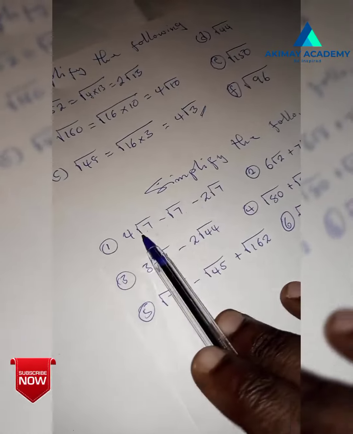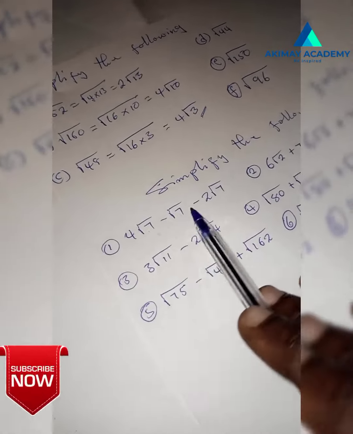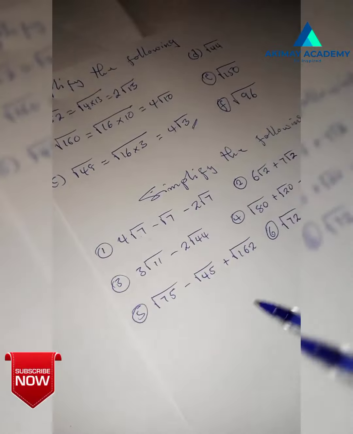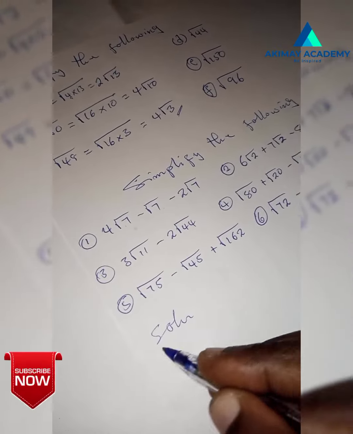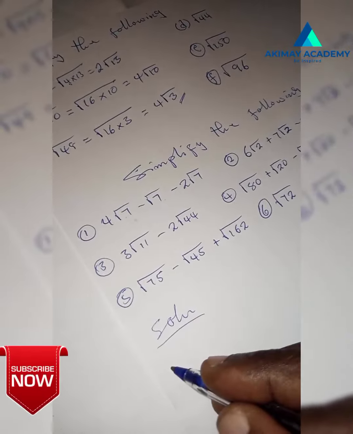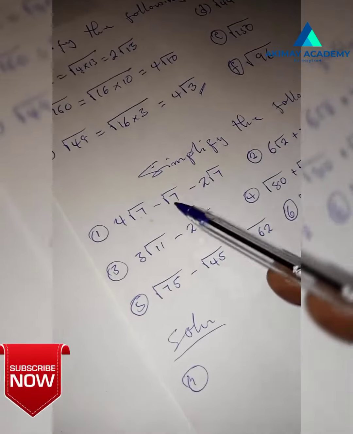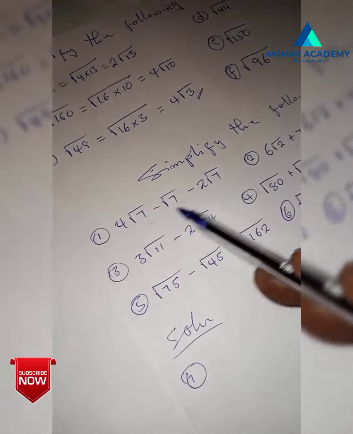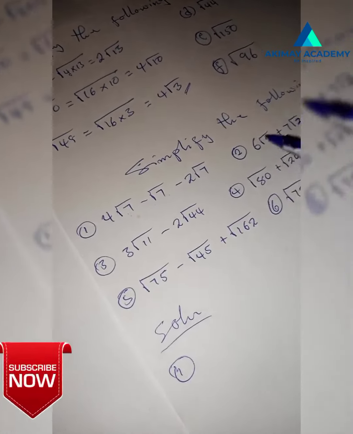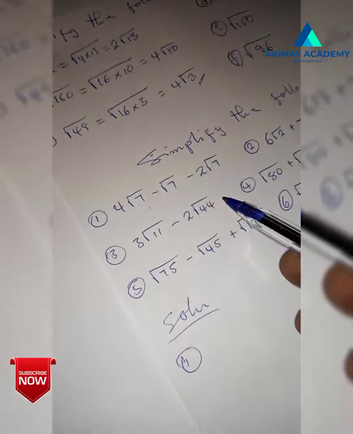Because of that, we can add or subtract these surds. So in example 1, because the numbers are the same under the radical sign, root 7, root 7, root 7, we can add or subtract.